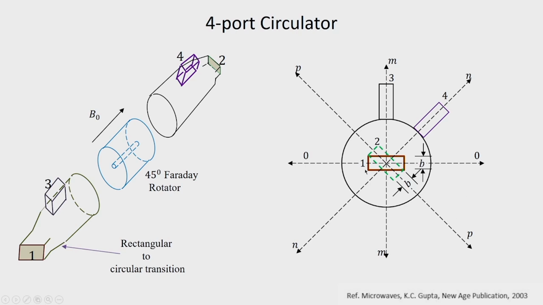So, with reference to port 1, we can see that port 2 is 45° placed and the angle between port 3 and 4 are again 45°. So, let us see how this 4-port circulator operates.